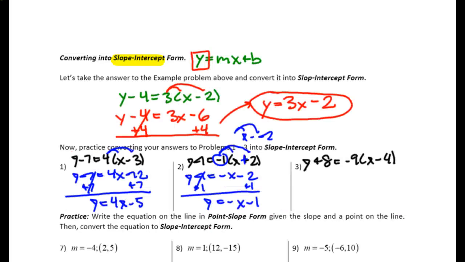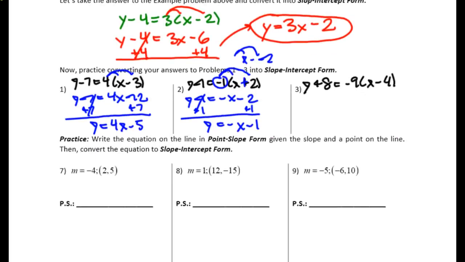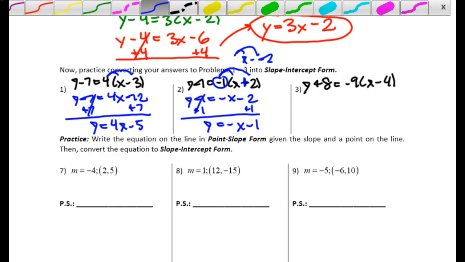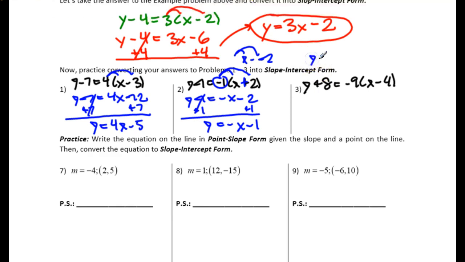Okay. So this one, once again, we have the plus 8 here because when we plugged in our y minus y1, this is where we had that double negative, right? If I leave it as a double negative, it's going to be confusing when I solve it. So that's why we got the plus, okay?